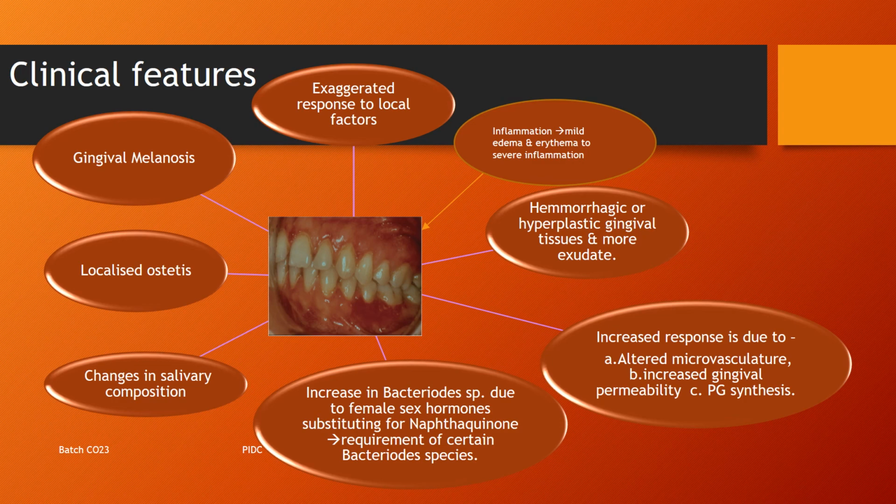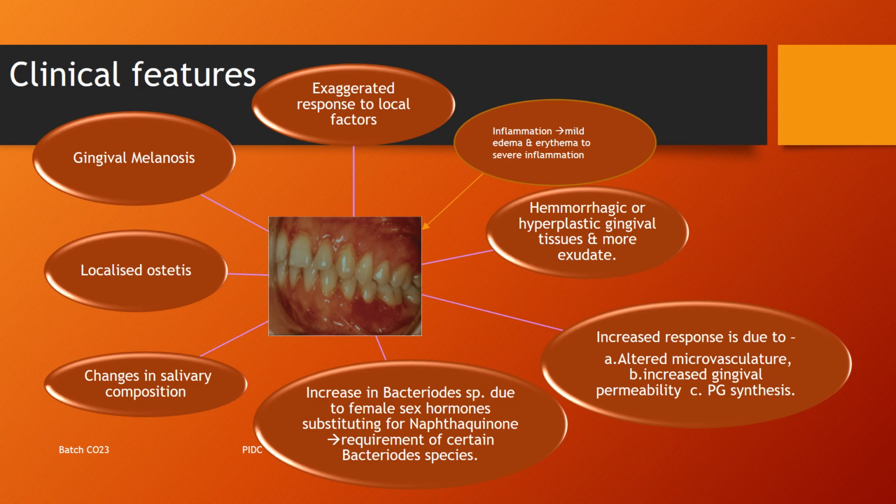So the naphthoquinone is replaced with the female sex hormones, and there will be changes in salivary composition, and in some conditions you can see localized osteitis. It is more likely in the extraction of mandibular third molars, where there is a twofold or threefold increase in localized osteitis.